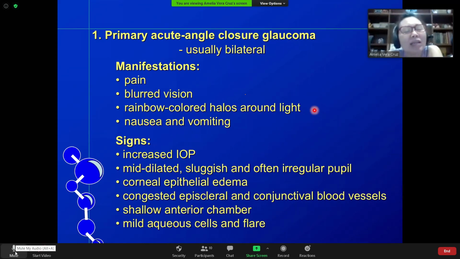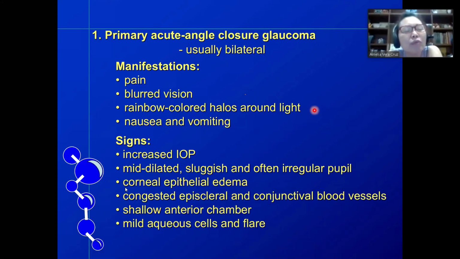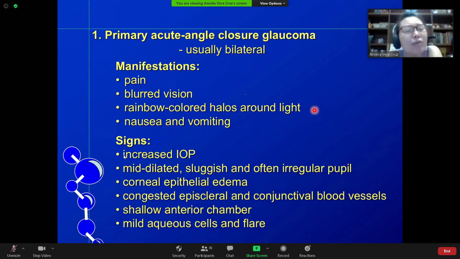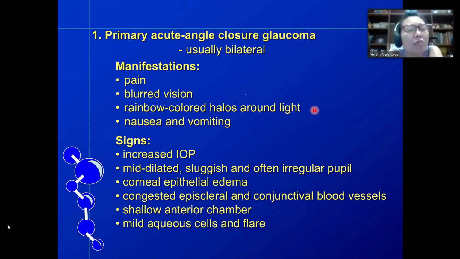Now, remember that if you will touch your eye, if you will manipulate your eye, especially if you will hold one of your extraocular muscles, you will stimulate vasovagal reflex. Huwag mong hawakan ang mata mo. Never press on your eye. Bumabagal ang heart rate nyo if you will press on it.